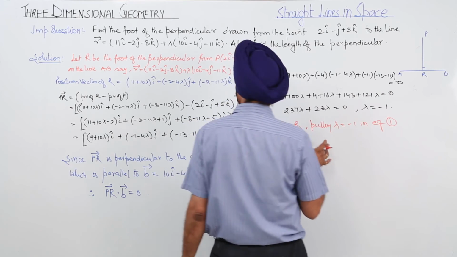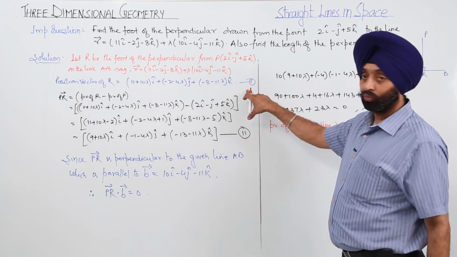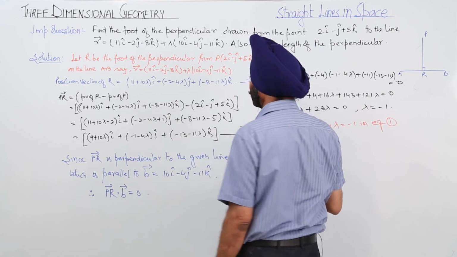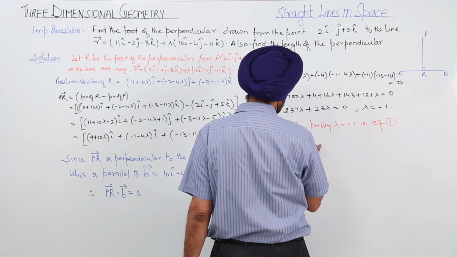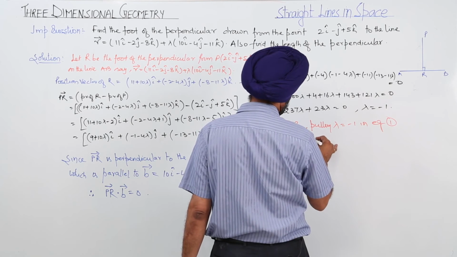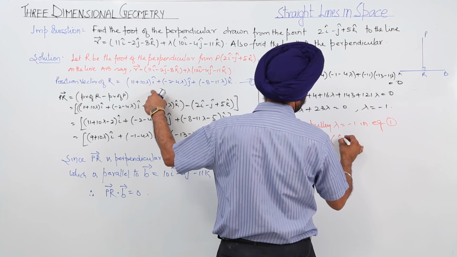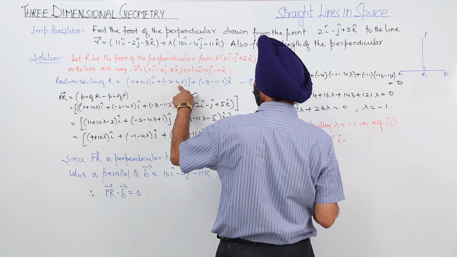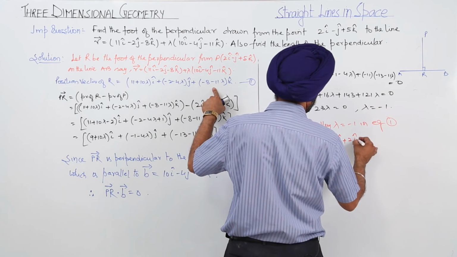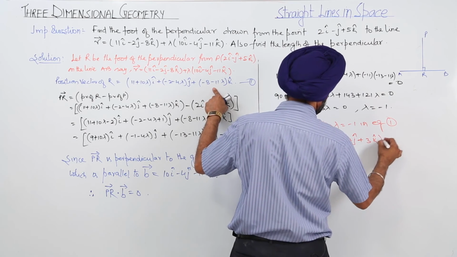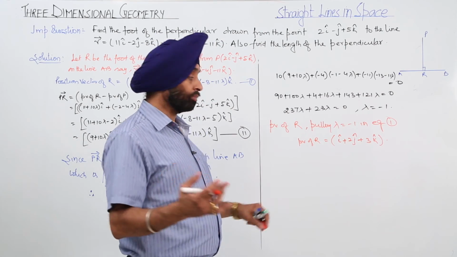Position vector of R when lambda is minus 1, we use equation number 1. Now 11 minus 10, position vector of R is equal to 11 minus 10 i cap minus 4 plus 4, minus 2 plus 2 j cap and plus 3k cap.